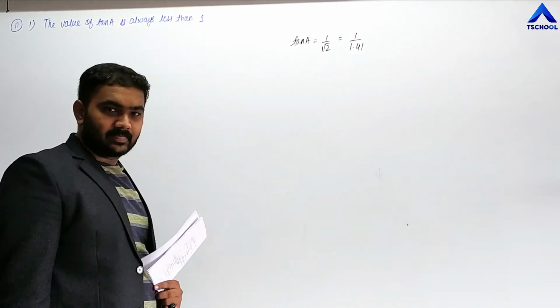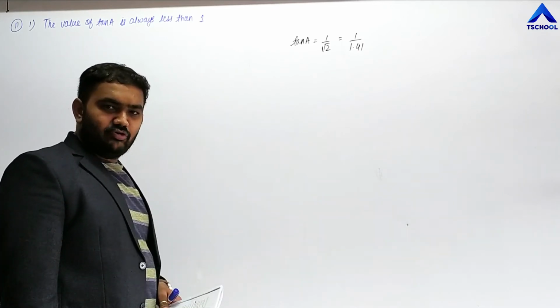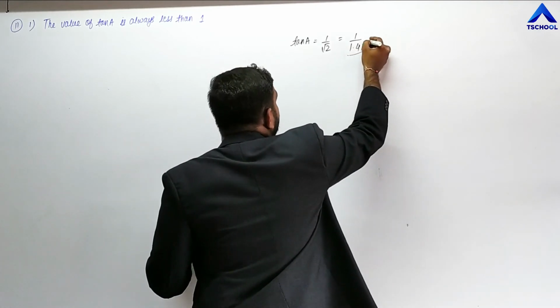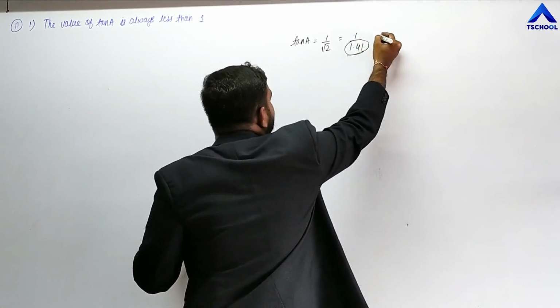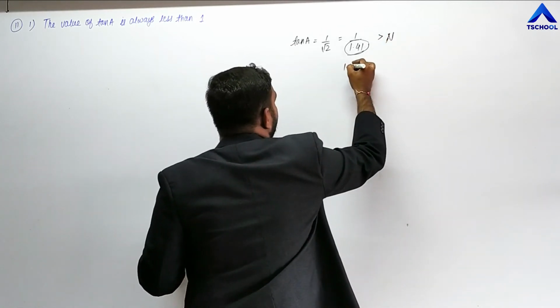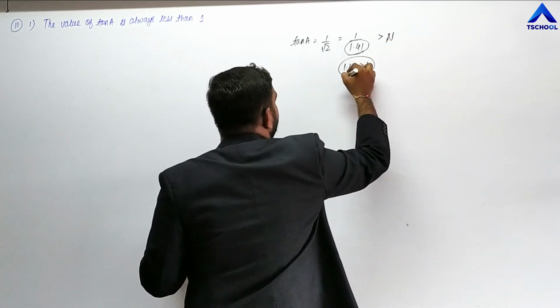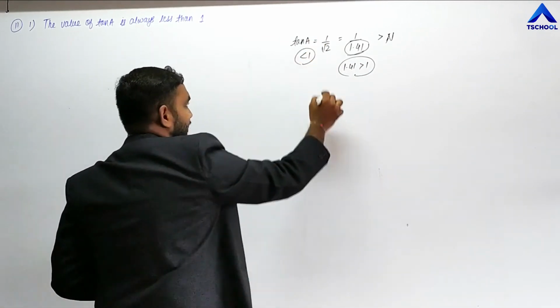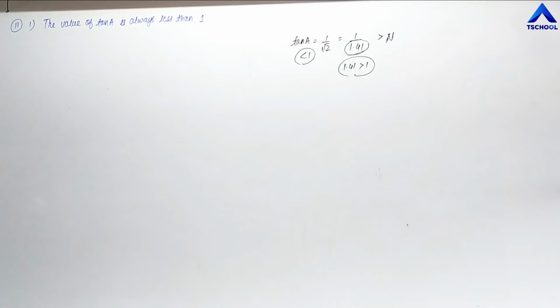Why? Do you know the reason why? Because here this denominator 1.41 is greater than the numerator, or 1.41 is greater than 1. That means this ratio will be less than 1, and hence you can say that the ratio of tan A is always less than 1.